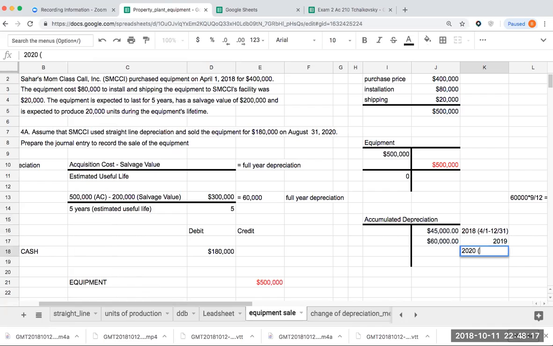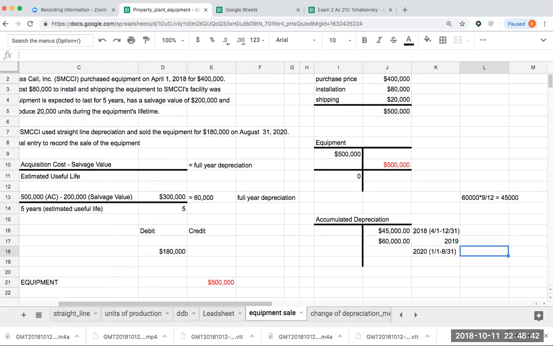The amount we should have taken is from January 1st through August 31st. This was also changed from the original class hypothetical. How many months is this? It's January, February, March, April, May, June, July, August, a total of 8 months.